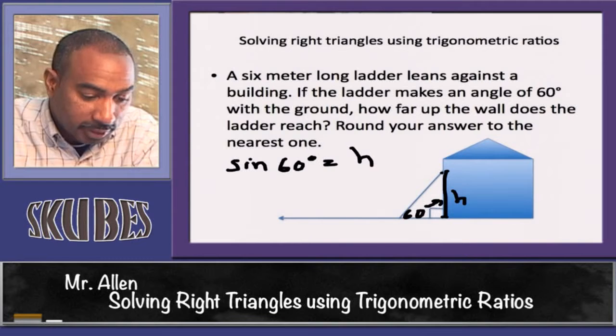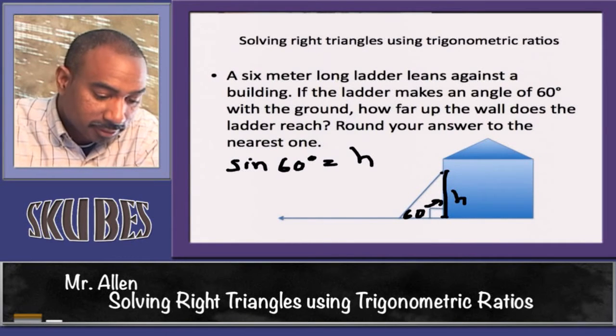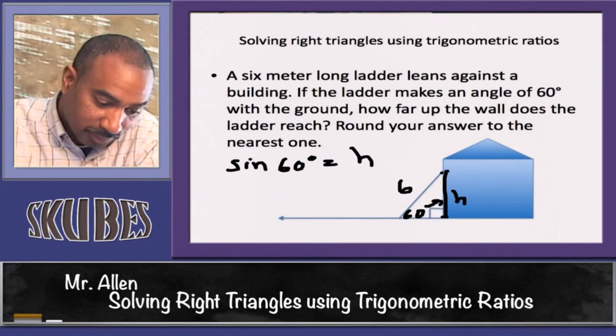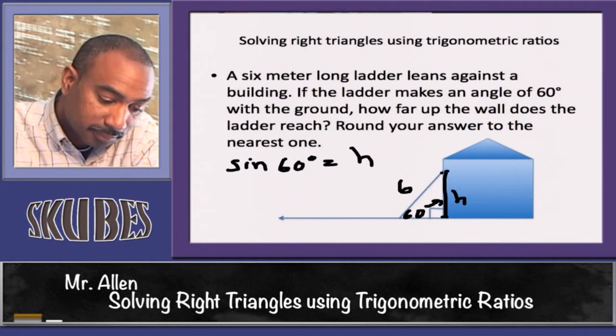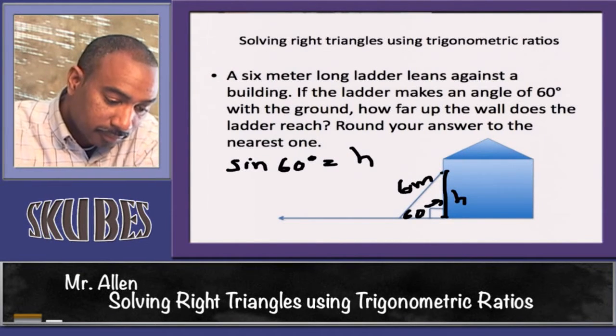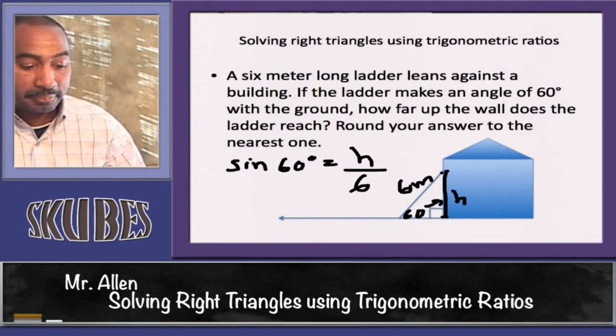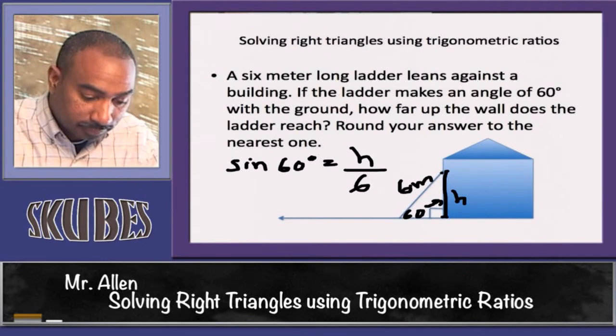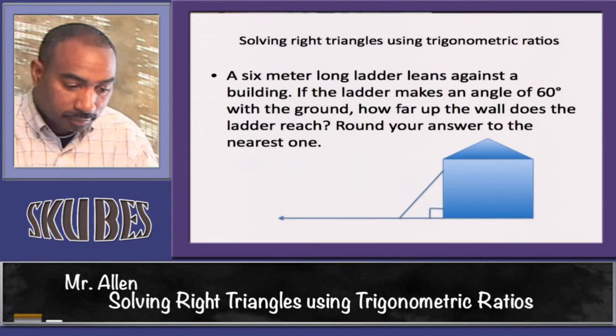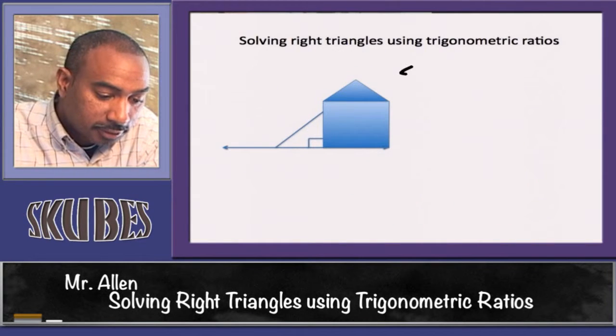But they tell me the ladder is 6 meters. So this would have to be a distance of 6 meters here. So my hypotenuse is going to be 6, and that's your setup. All right, so this is how you would solve that.